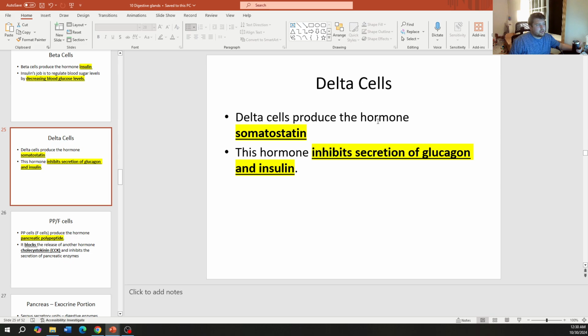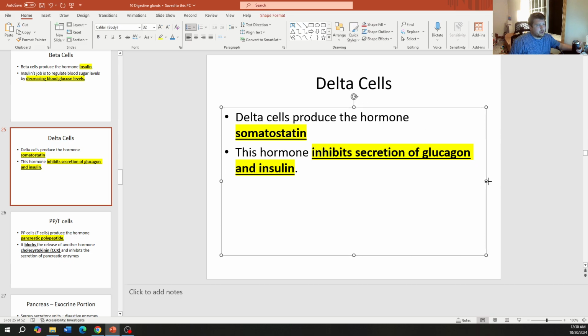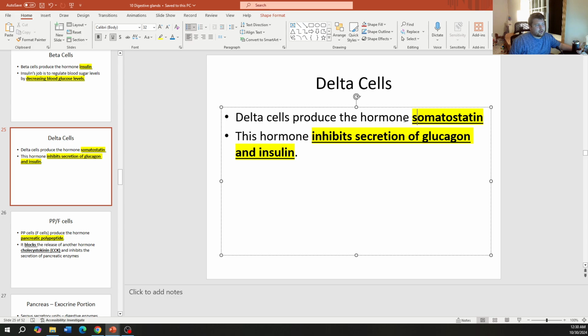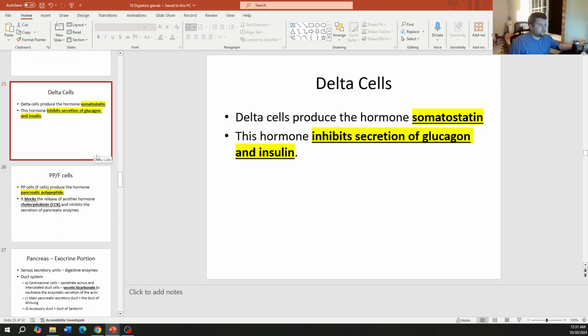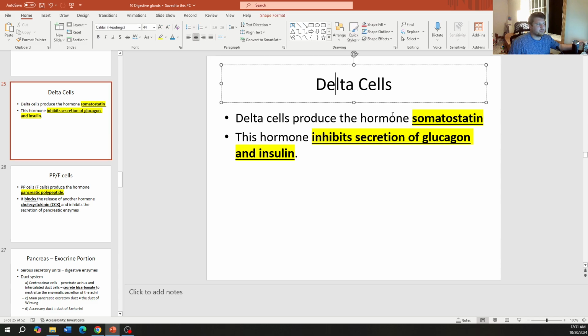Delta cells, these types of cells produce a hormone known as somatostatin, and this hormone actually inhibits glucagon and insulin. Somatostatin, you'll learn more about in Physiology 2 and Trimester 3. But you need to know that it comes from the delta cells.